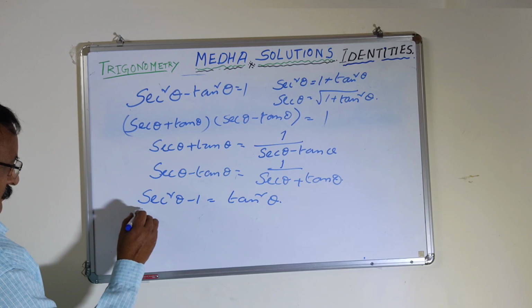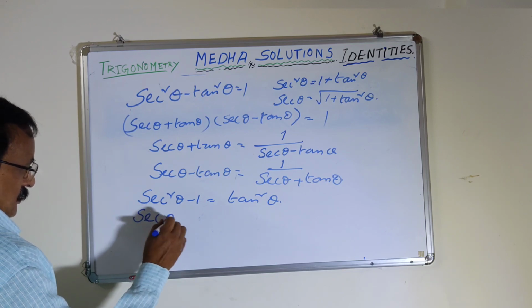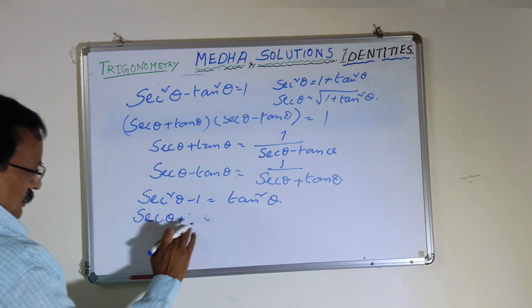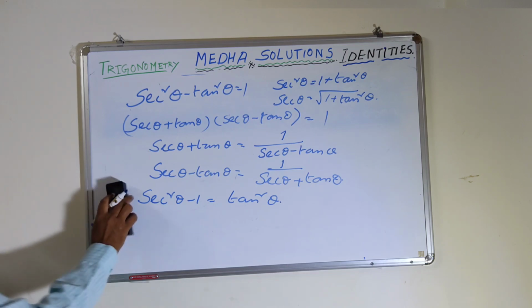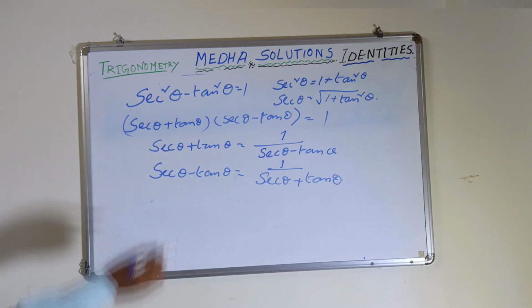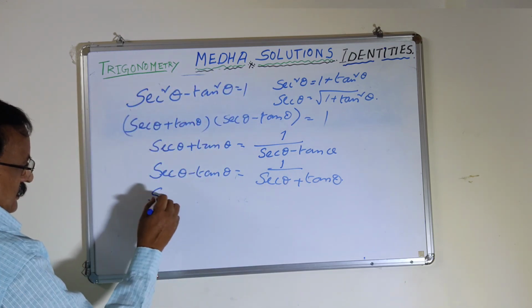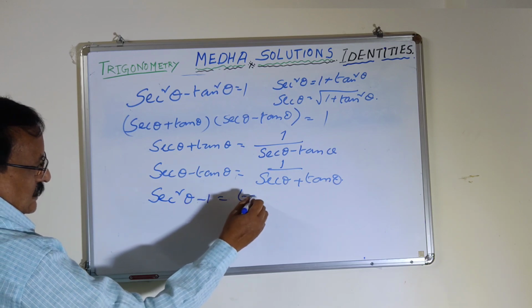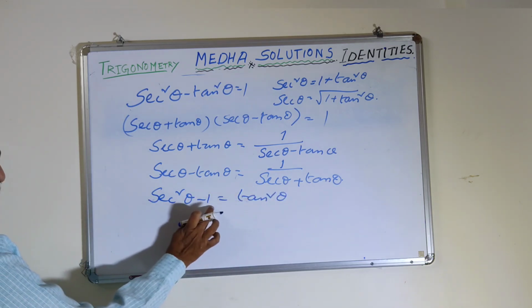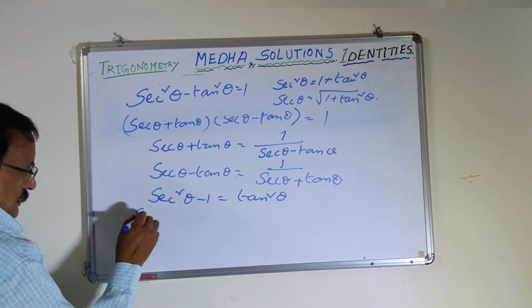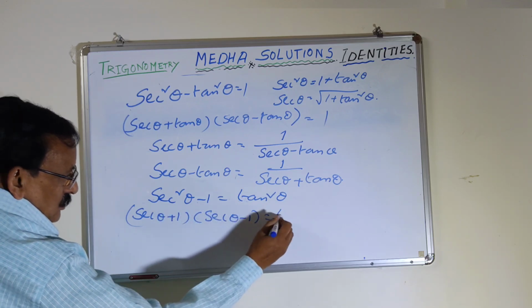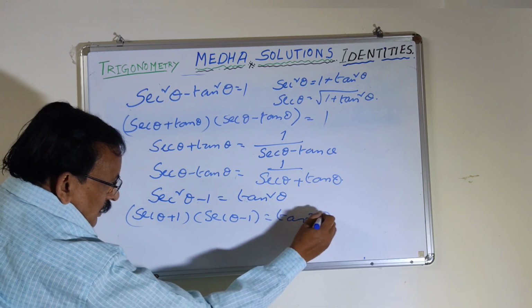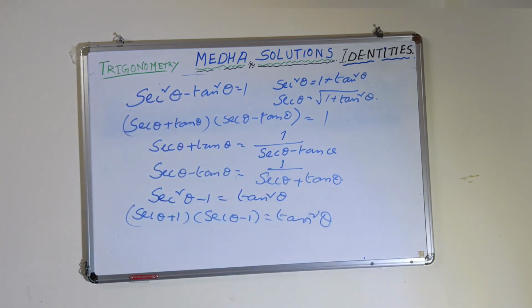Again it is a square minus b square, with 1 also being 1 square, so sec theta plus 1 into sec theta minus 1 is equal to tan square theta. These are the conversions of the second identity.